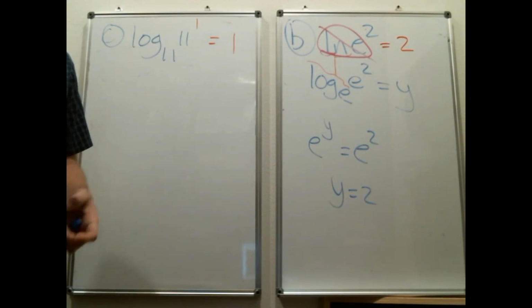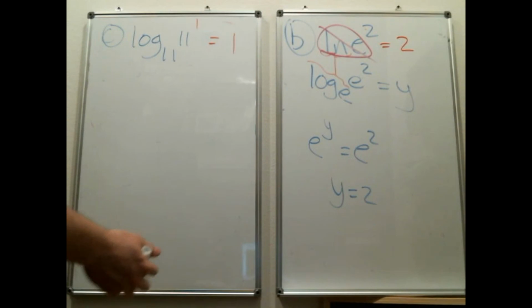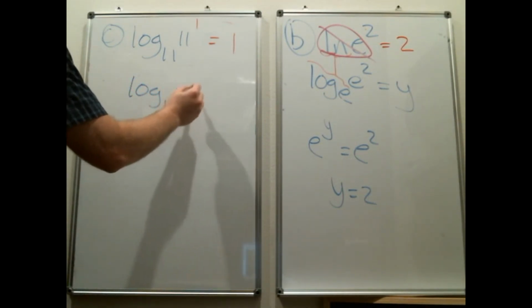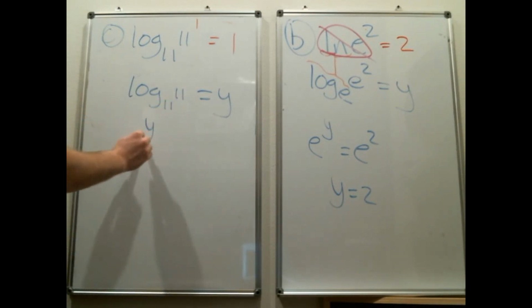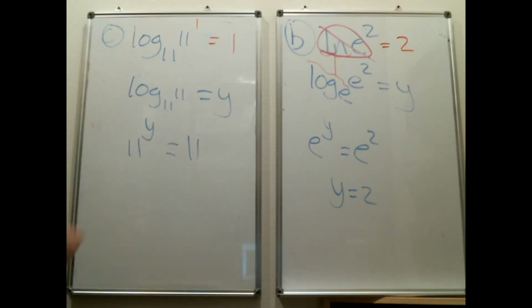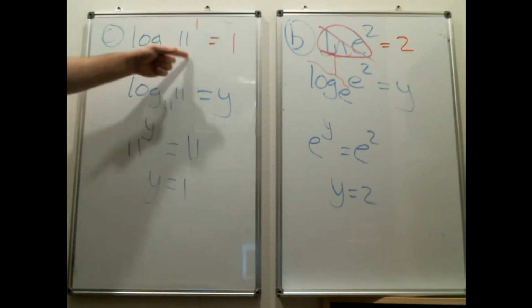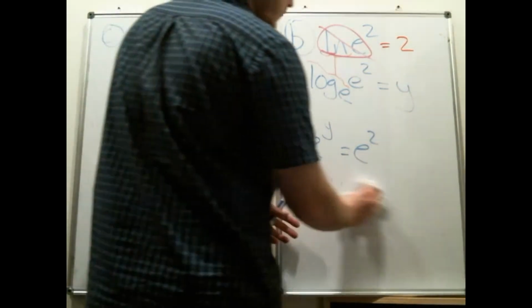In fact, I'm more of a proponent that you do the long way anyways. So let's do it that way. Log base 11 of 11 is equal to y. My base is 11. My exponent is y, and that's equal to what's left over, 11. So y has to equal 1, which is what we set up there. Hopefully that's starting to come out faster for you.